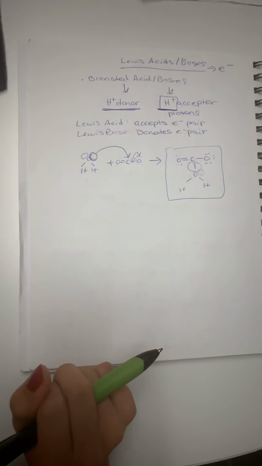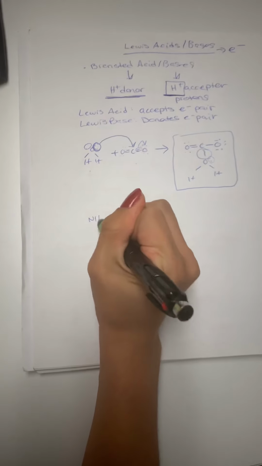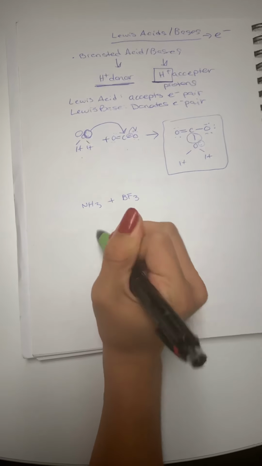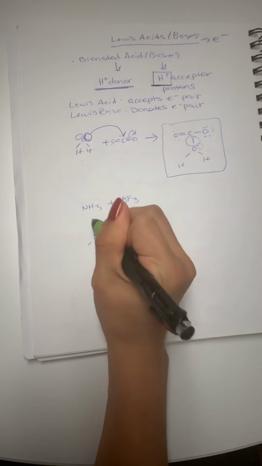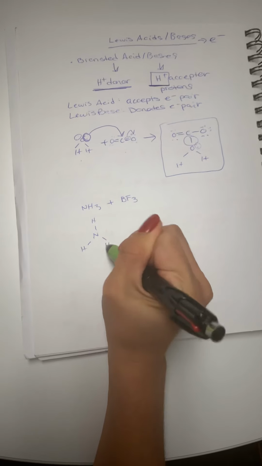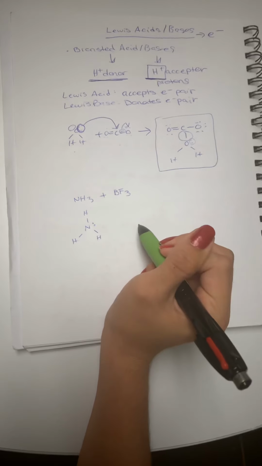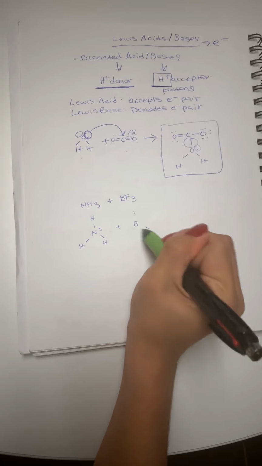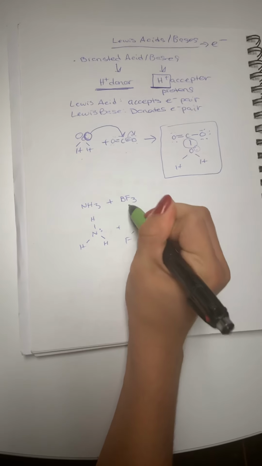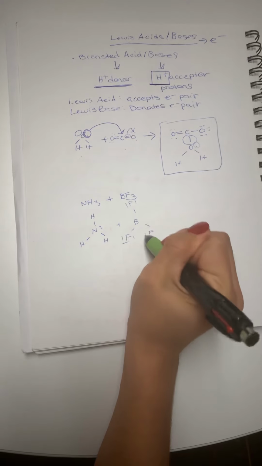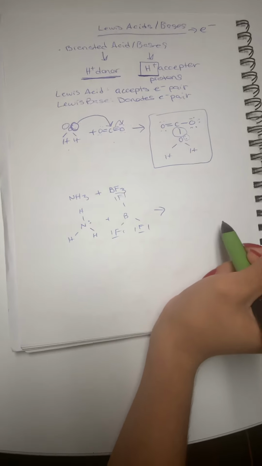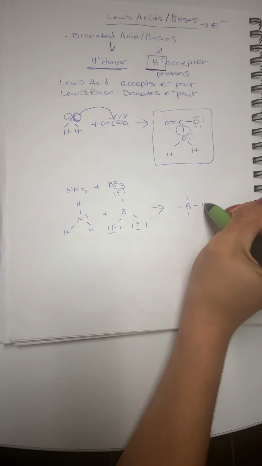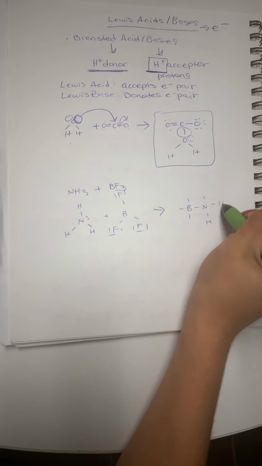So for instance, if we have NH3 plus BF3. So remember Lewis structures, let's draw this out. You should have something like this, because you remember with the octet rule, 2, 4, 6, 8, plus BF3. And these are also going to join together. Let me draw this out real quick.